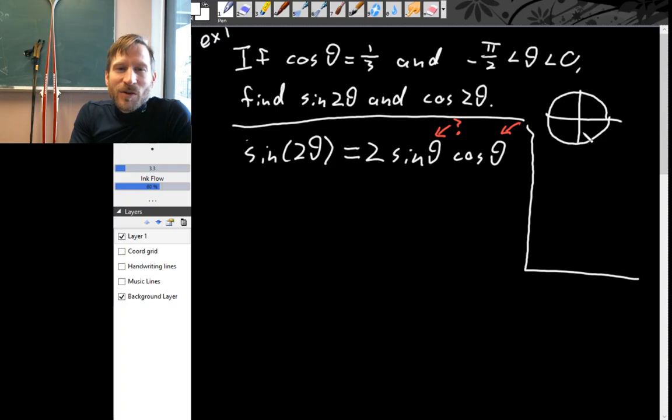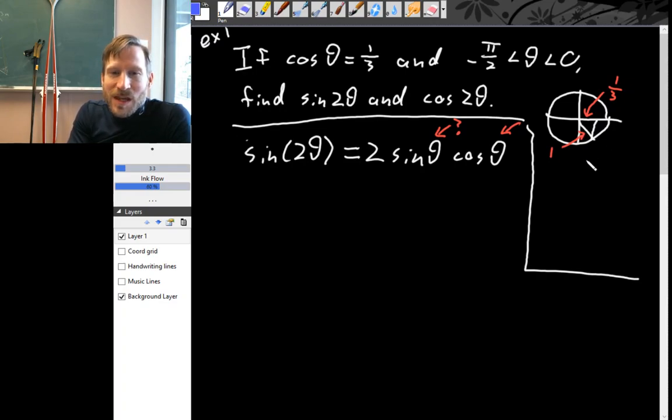And we noted that our angle is in the fourth quadrant, so like this. So here's our right triangle. It's not a very good right triangle. And the top side of this right triangle is a third, because that's cosine, and we're in a unit circle. The hypotenuse of this right triangle is 1, because we're in a unit circle.